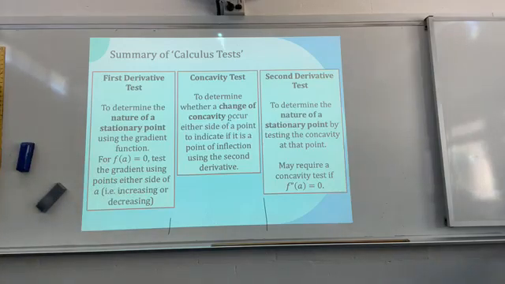The concavity test is where there is a change in concavity. If there's a change occurring on either side, it is a point of inflection. Then the second derivative test: you can determine the nature of the stationary point, but you need a concavity test or sign test if the second derivative equals 0.